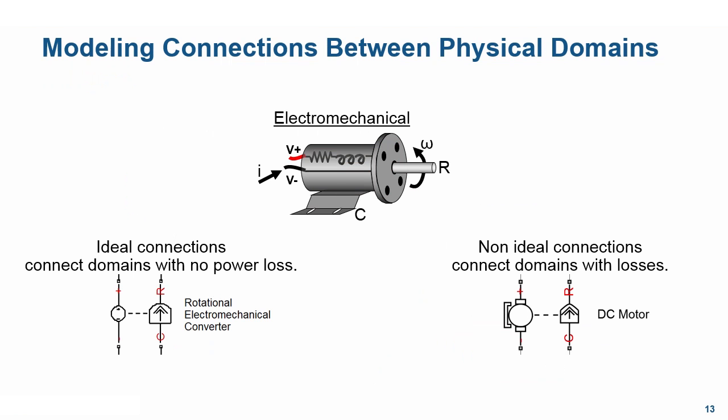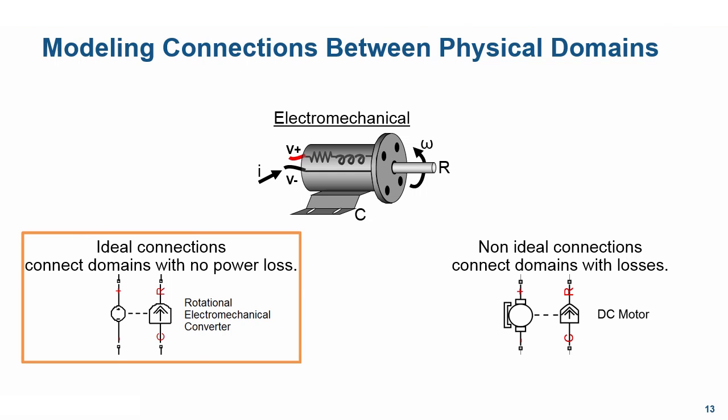Connecting physical systems requires setting up connections that properly capture the energy transfer between the different domains. In many cases, an ideal connection is a good starting point and may be sufficient for the final model. Simscape provides blocks for modeling ideal connections between the physical domains. For example, the lossless rotational electromechanical converter here.